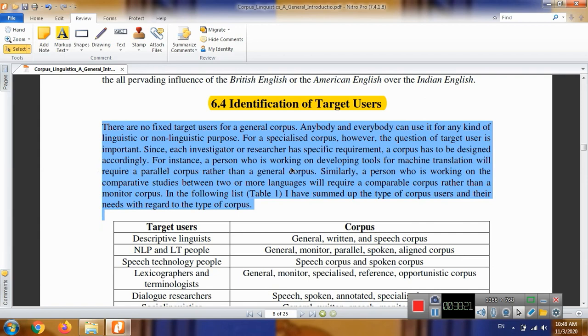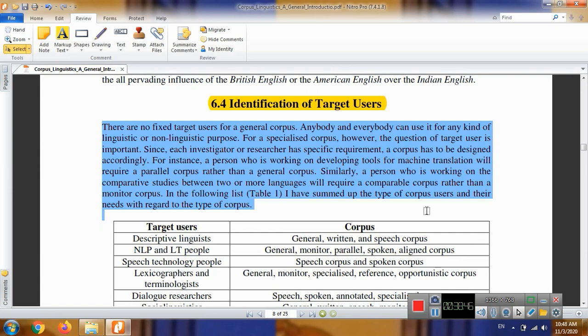For instance, a person who is working on developing tools for machine translation will require a parallel corpus rather than a general corpus. Similarly, a person who is working on the comparative studies between two or more languages will require a comparable corpus rather than a monitored corpus.